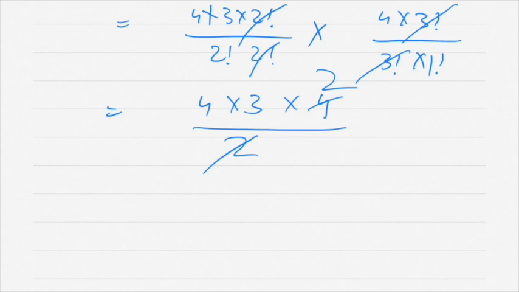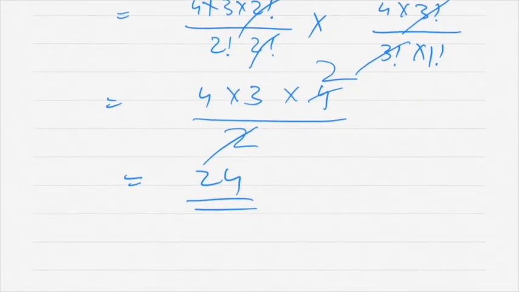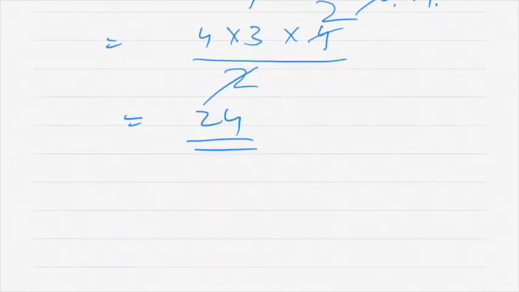Correct? 8 into 3, which comes to 24. So your n of A is 24.